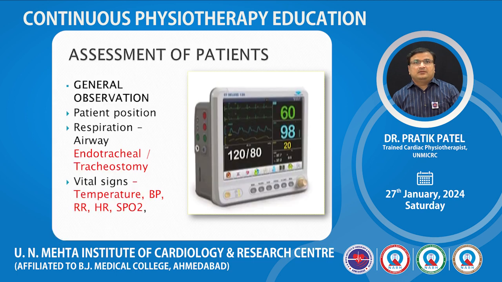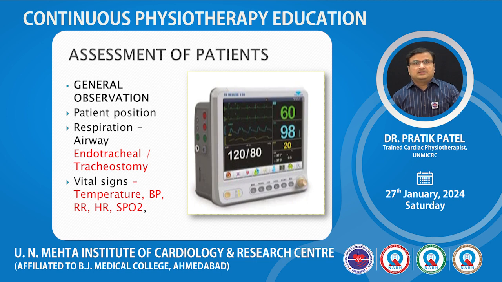In assessment of the patient, we will see the general observation, in which we will see the patient position, whether the patient is in supine lying or side lying. Watch for respiration, whether the patient is spontaneously breathing or receiving ventilation via endotracheal or tracheostomy tube.